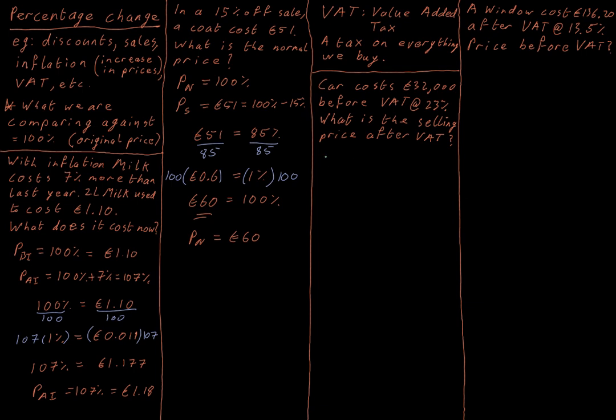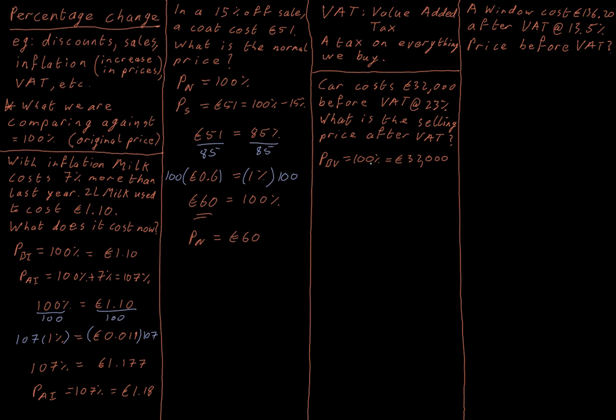So that means that the cost before VAT, the price before VAT, so PBV, would be our 100%, because the percentage we're given in the question, the thing we are changing by, is the VAT. So we want to know the price before VAT is going to be 100%, and we're told that that's €32,000.